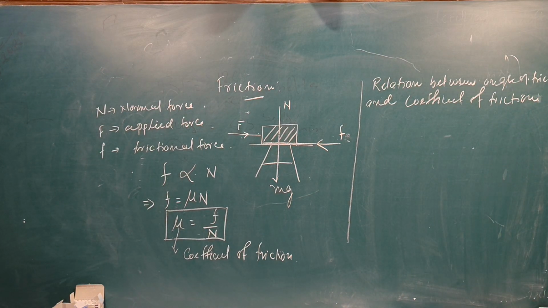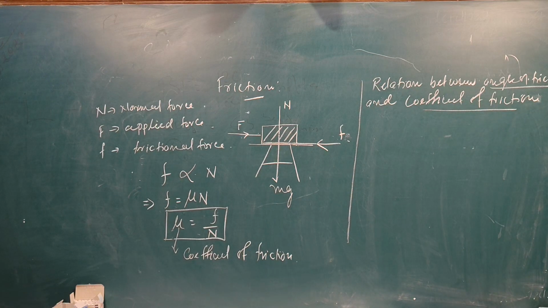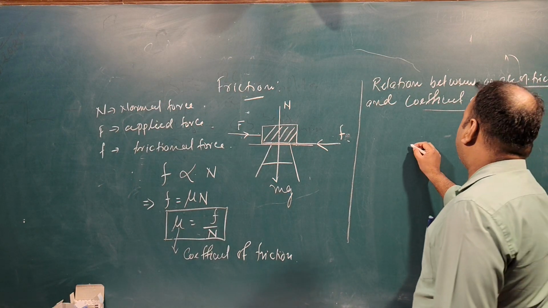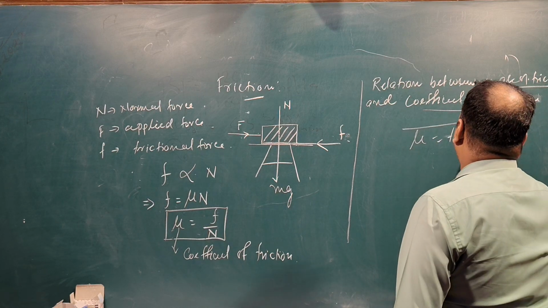Okay, so relation between angle of friction and coefficient of friction. So what is the relation? You remember there is one relation, mu is equal to tan theta. Mu is equal to tan theta.